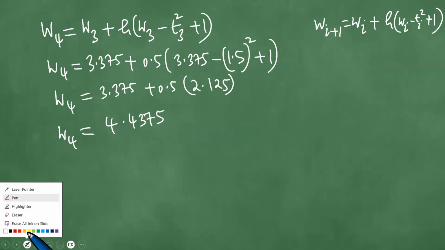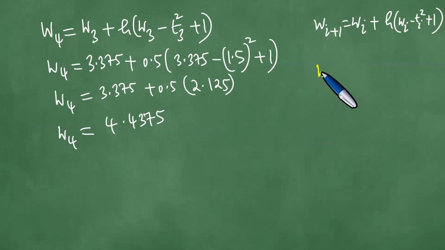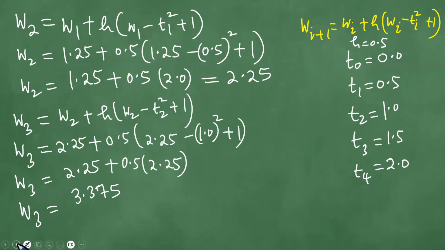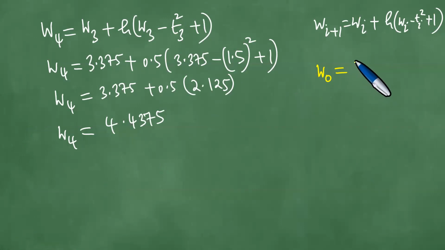I want to mention something about W0. We saw that W0 was given by alpha, but W0 is Y0, which is 0.5. So W0 is Y0. It is alpha in our notation.